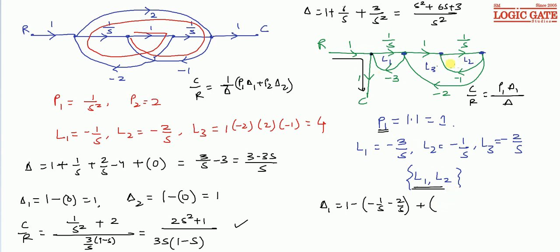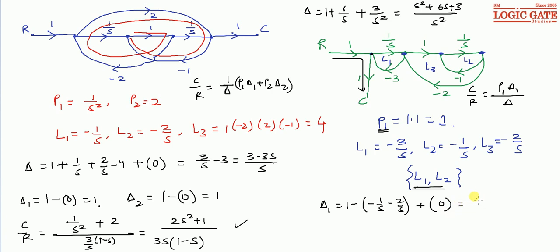See, L2 and L3 are the individual loops which are not touching the first forward path, but these two loops themselves are touching each other. So there is no pair of non-touching loops which is not touching the first forward path. So it is 0.